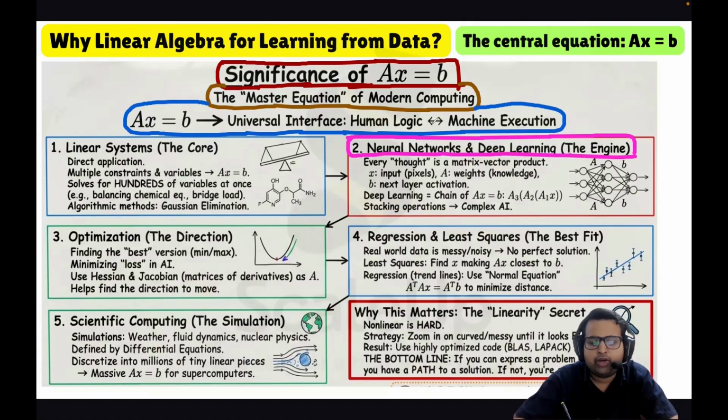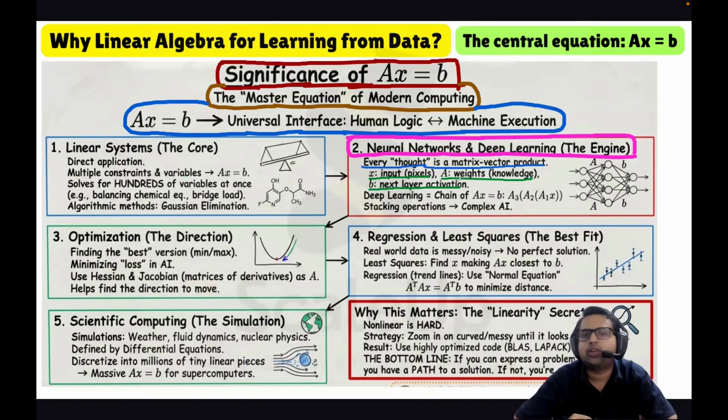So in a neural network, every thought is a matrix vector product. X is the input, like for an image, it can be pixels. A is the weight matrix, the knowledge which it is learning, and B is the next layer activation.